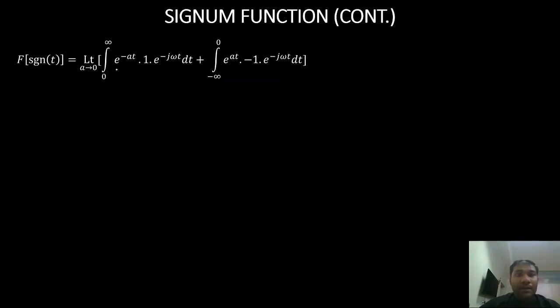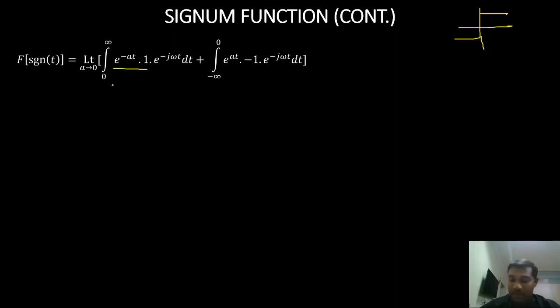Then in the range of 0 to infinity, how does my signum function look? In 0 to infinity, it is nothing but e power minus at u of t. What was my signum function defined as?